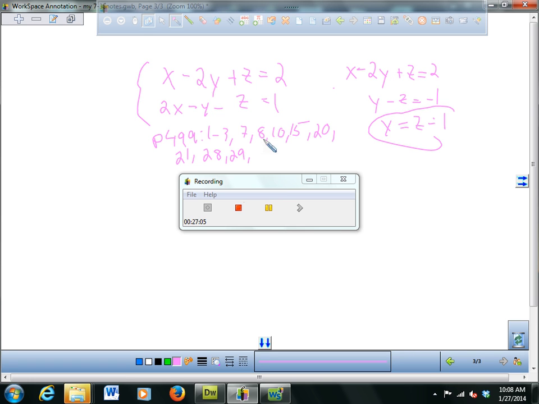I think that says 29. I'm not sure what this number says. I think that's 29. Okay.